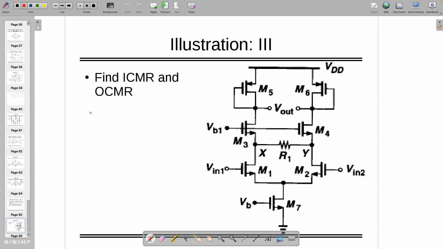Let's start with the OCMR. OCMR is quite easy, right? What is OCM max? VDD minus mod of VSD5. I'm keeping mod so it's the same, right? That is what I told over here also.